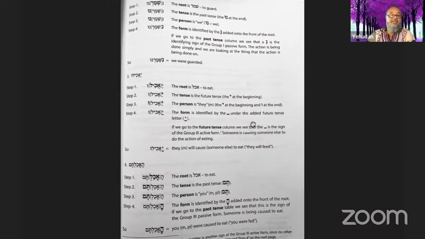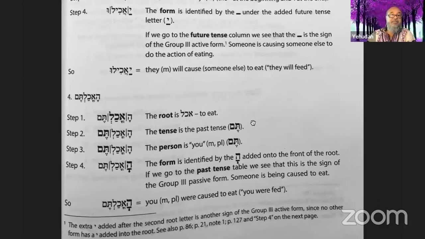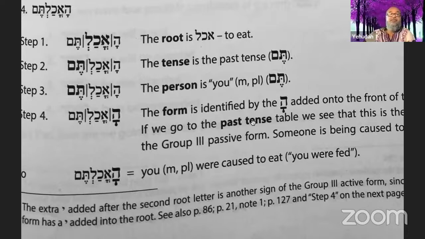Yes. Here you go. Now looking at it here on the bottom, it says you, masculine plural, were, that's that passiveness. You were caused to eat. You were fed by somebody else. So this right here is the you plural.